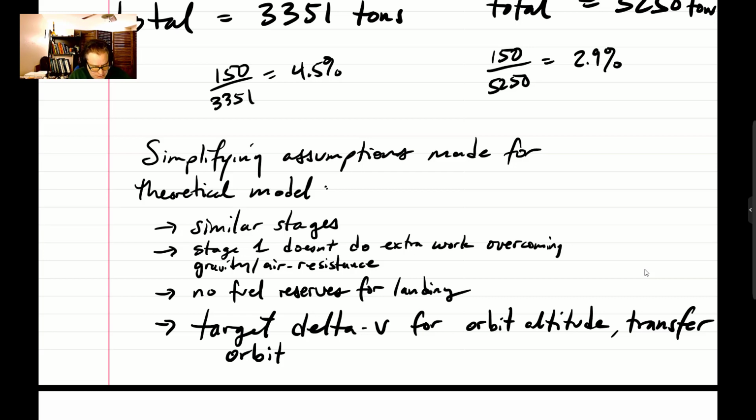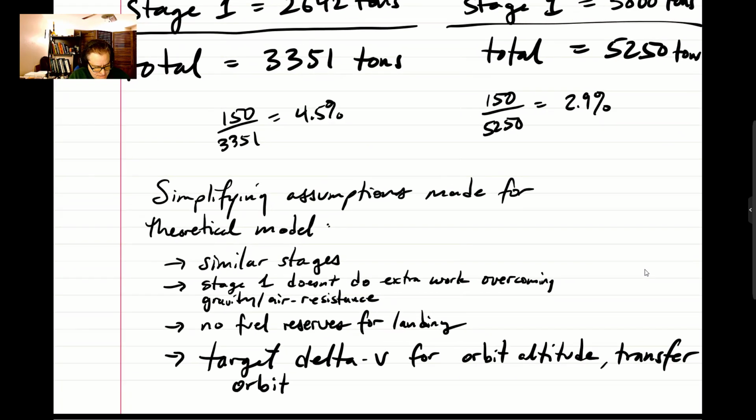And also there are some assumptions here that could really change the outcome in the theoretical model when it comes to what is the actual orbit altitude required, what is the delta V required, the target delta V, depending on the orbit altitude and whether you have fuel for a transfer orbit.